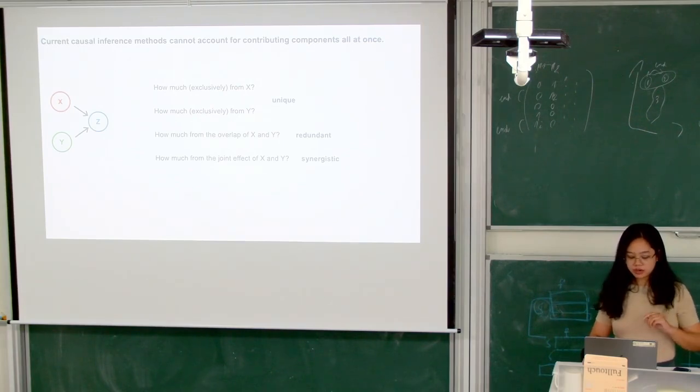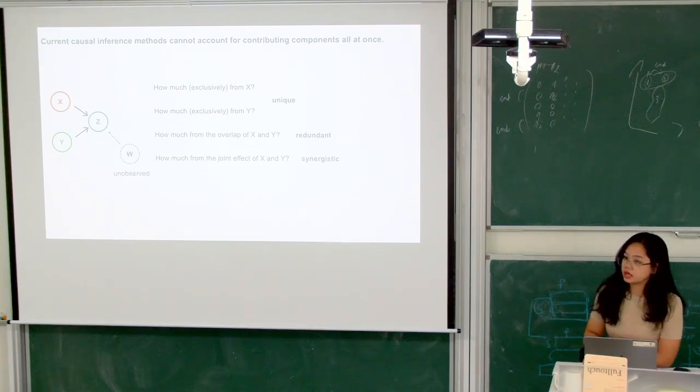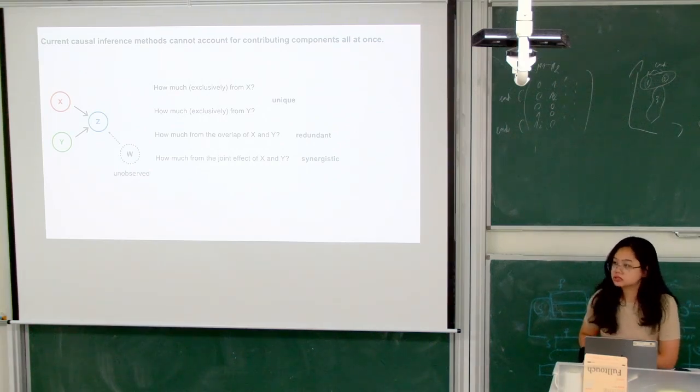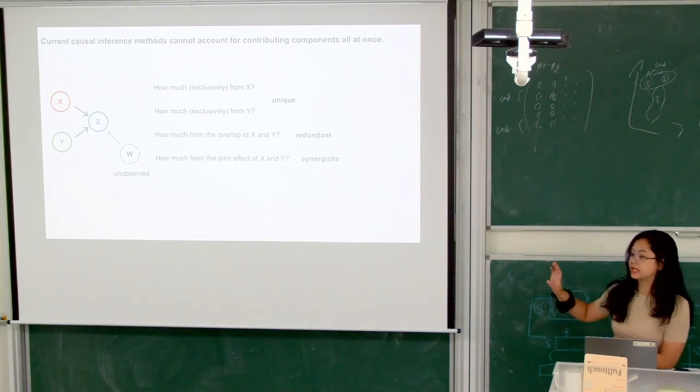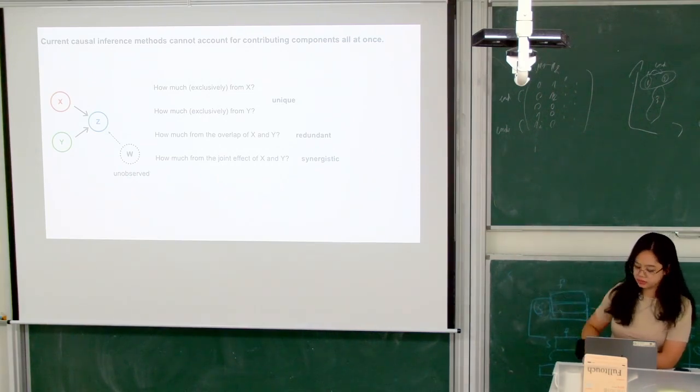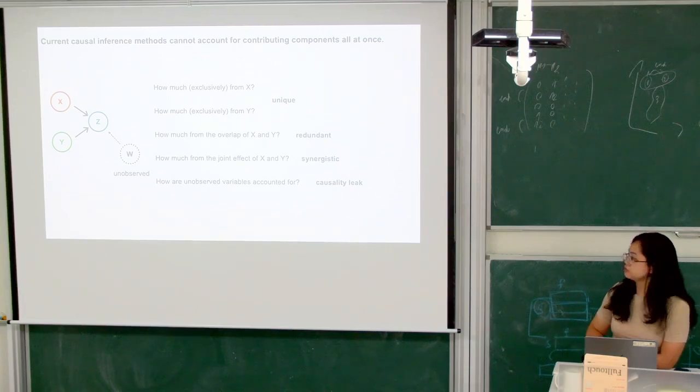And one main problem of the current methods is, what if there are some unobserved variables? That means that we don't have the data for this w variable. How is this accounted for? In this paper, this unobserved effect is called the causality.